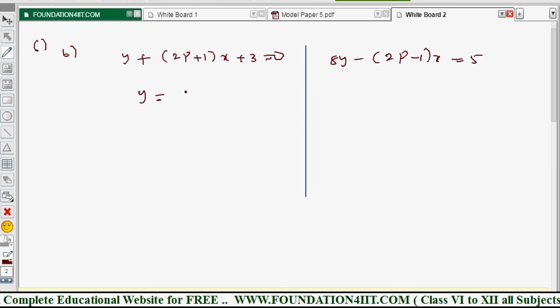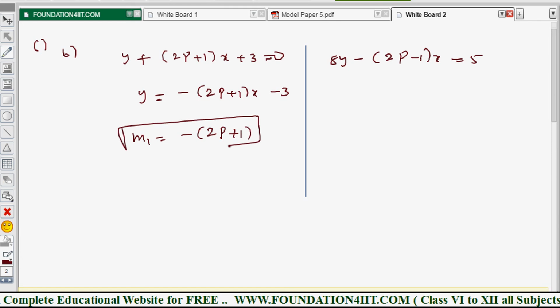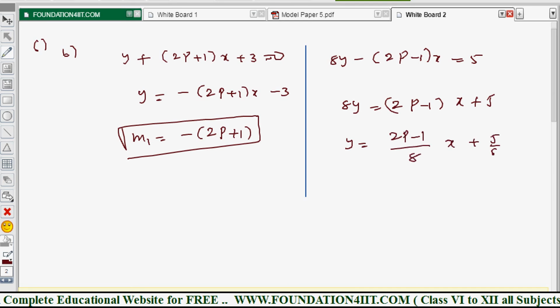Then y is equal to minus (2p plus 1)x minus 3. Here m1 is equal to minus (2p plus 1). This is the slope of the first equation. Now from the second, 8y is equal to (2p minus 1)x plus 5. You need only the y value. So y is equal to (2p minus 1) by 8 x plus 5 by 8. Here m2 is the x coefficient, that is (2p minus 1) by 8.